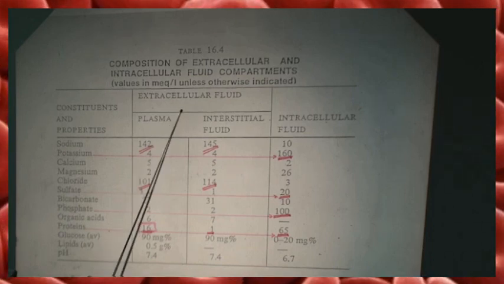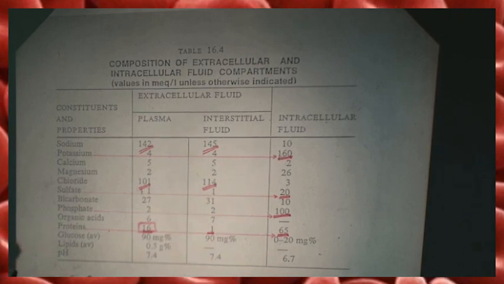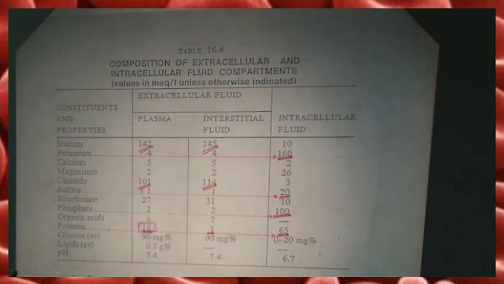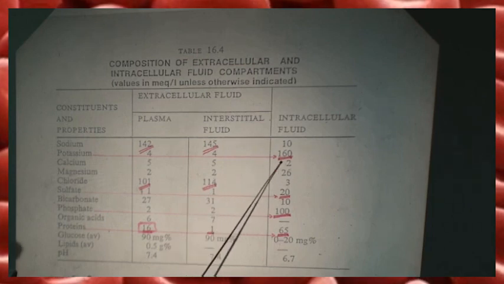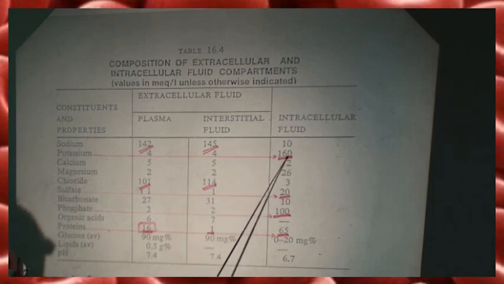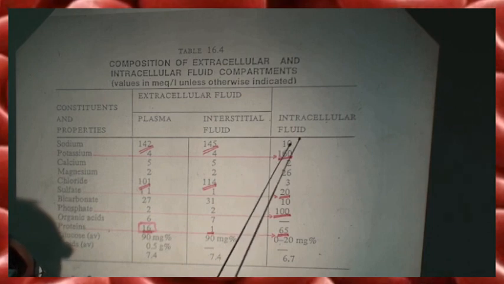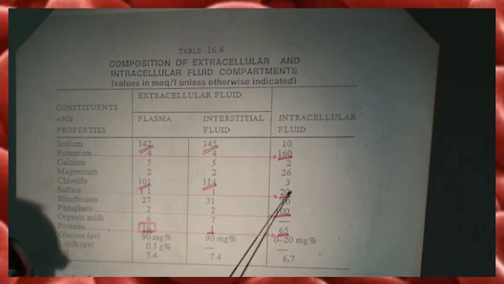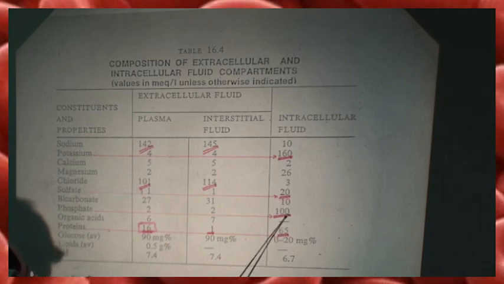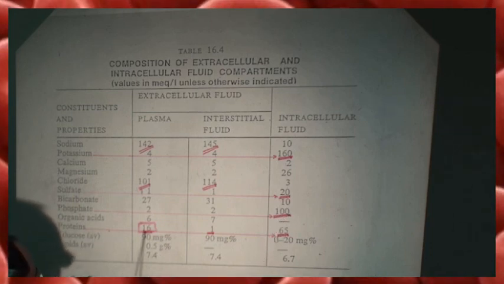But when we compare the extracellular fluid and intracellular fluid, we see that sodium is little, but potassium, there is a big difference between intracellular and extracellular, and also sulfate and phosphate.